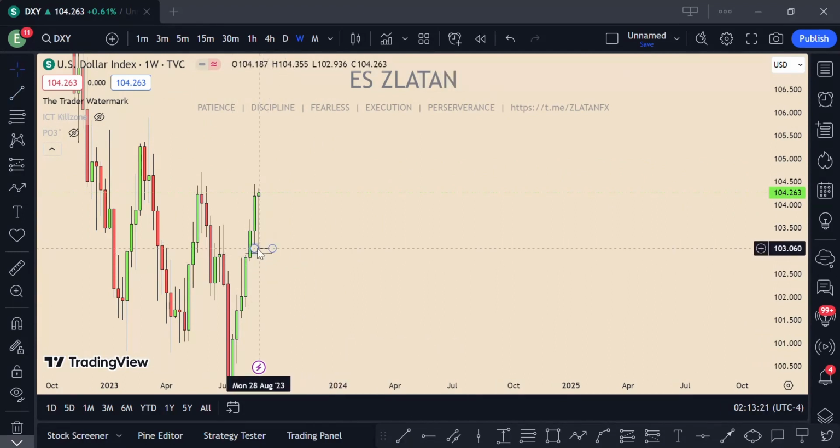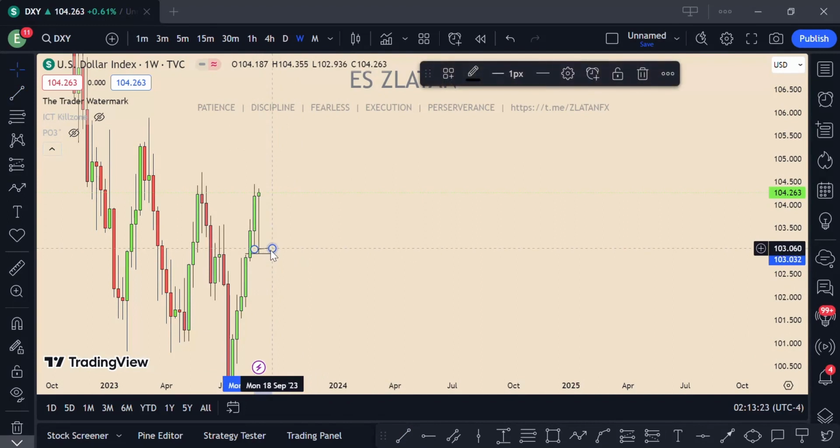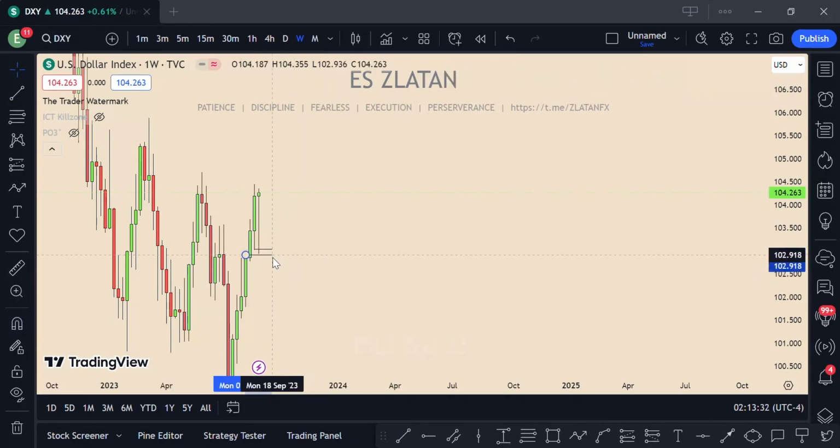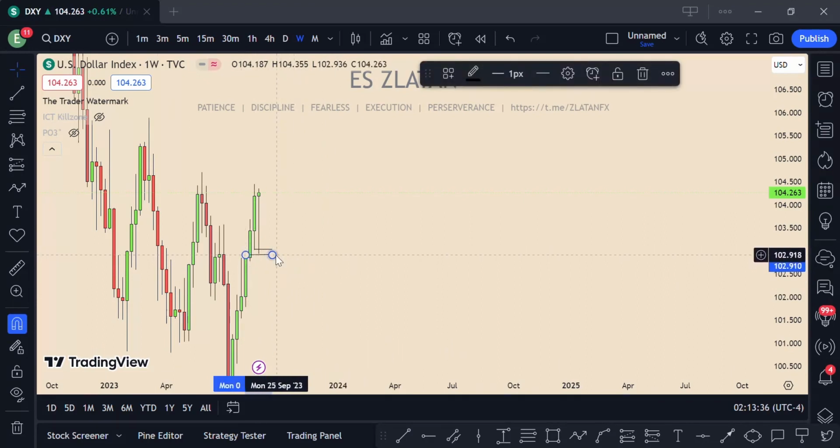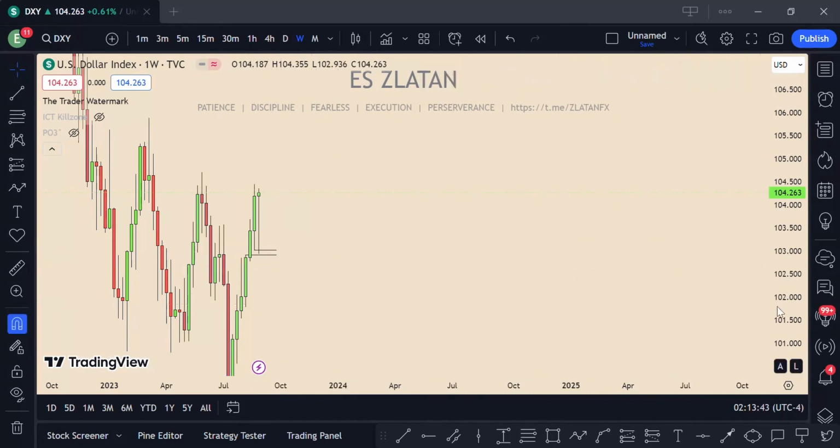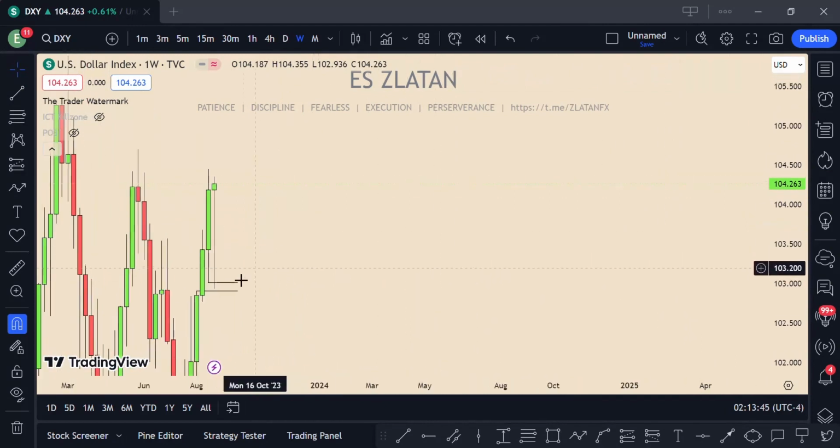We must not forget that. Yeah, so this is a daily fair value gap, right? And this is the high we are attacking, right? So let's go down to the 1 hour.